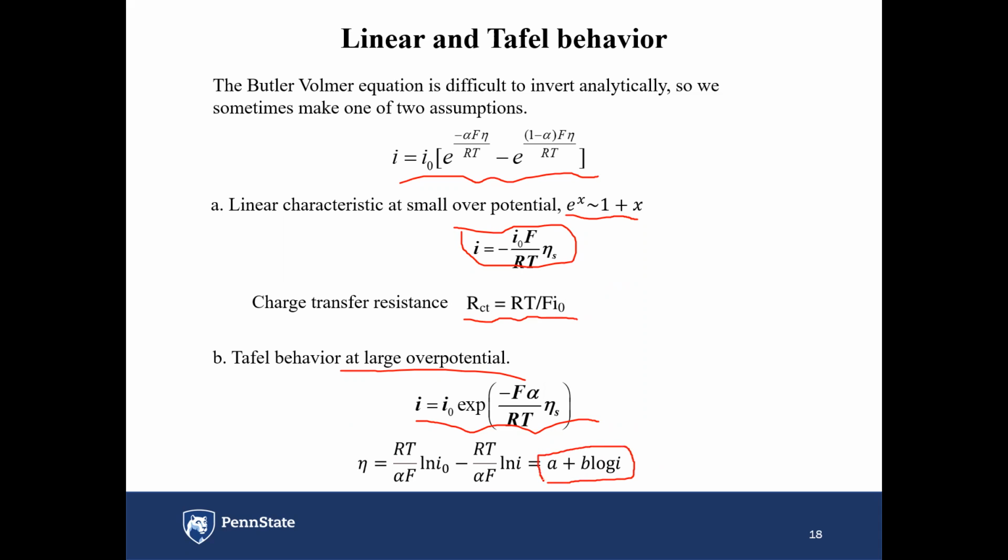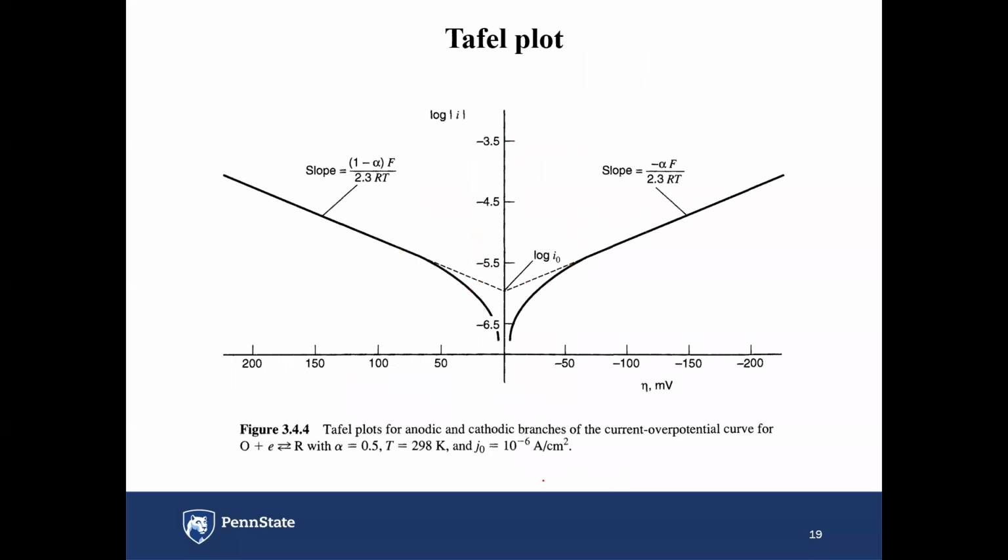So I hope you can remember that, and we will have a homework relevant to that. Take a closer look at how to use the Tafel slope. Based on the expression above, the intercept is equal to log I0, so we can convert it back.